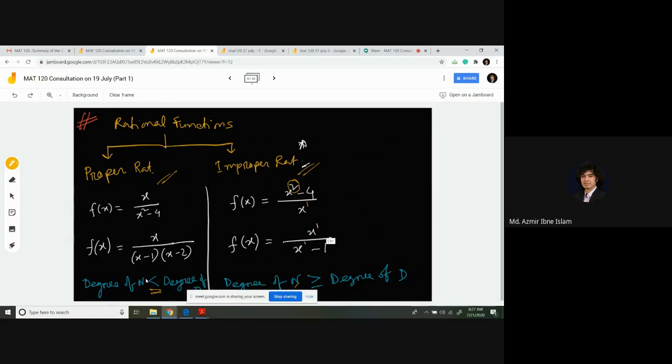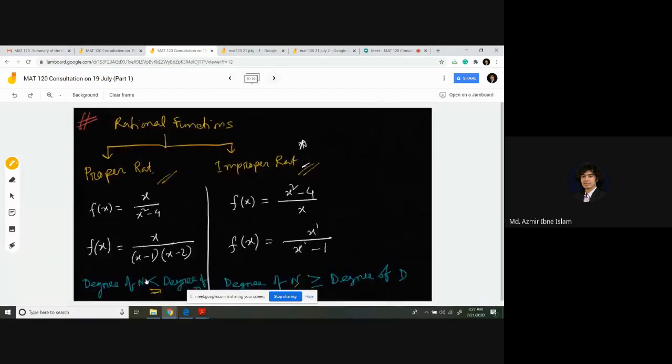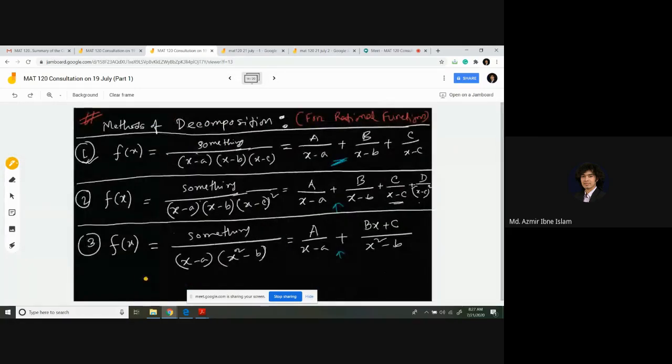Theoretically these are proper and improper rational functions, and we have to know how to decompose them. Whatever function we have in the denominator should be factored first. Factoring can be of three types. If we have x minus a power 1, x minus b power 1, x minus c power 1, then with every factor there will be a constant.